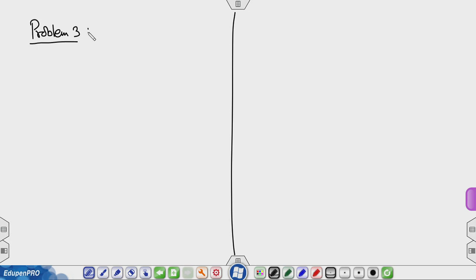Where does this flux quanta come from? So, in this problem, I am going to give you a semi-classical argument for flux quanta.